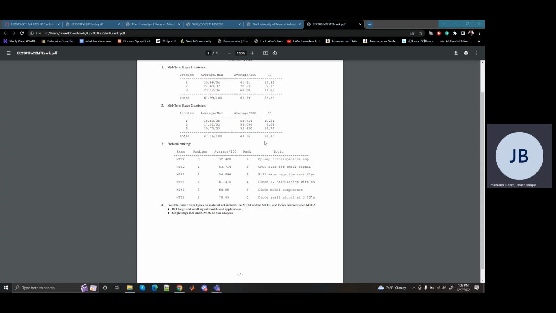So now, without an input to my amplifier, my amplifier sits midway between VDD and ground.